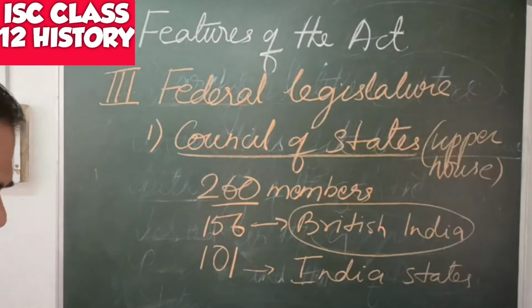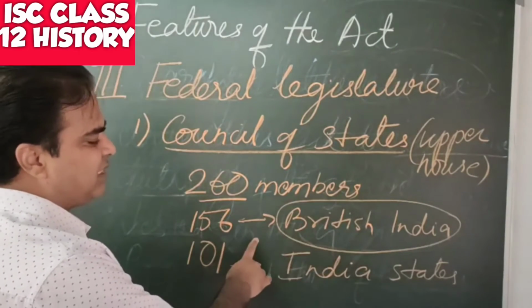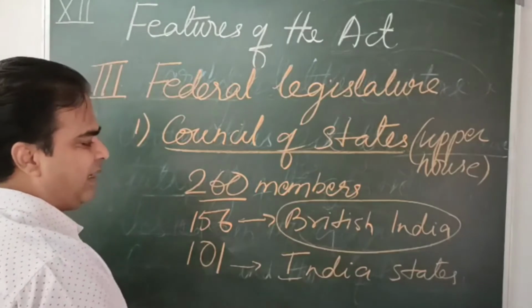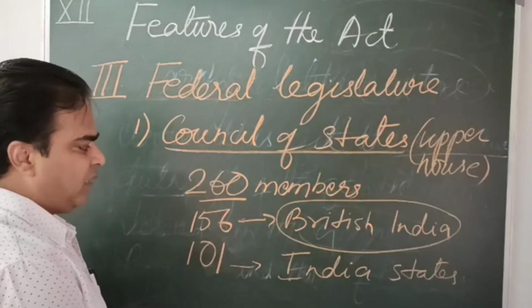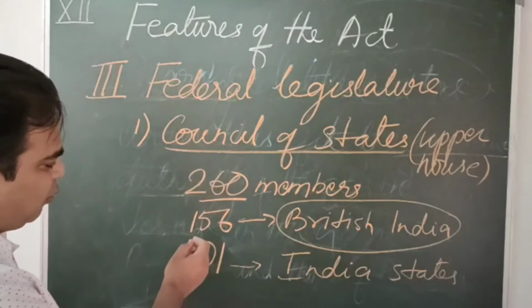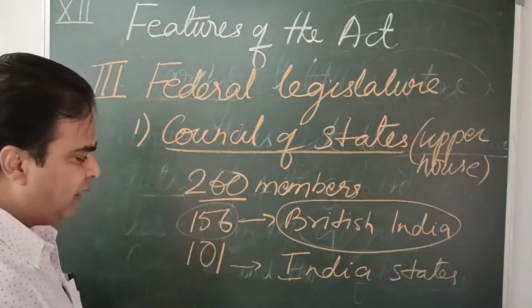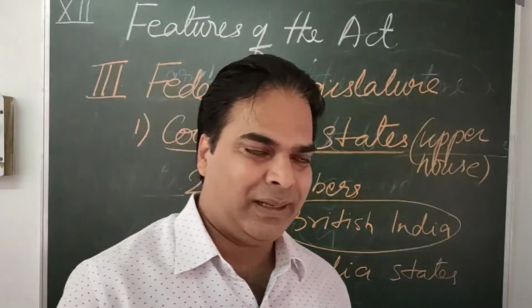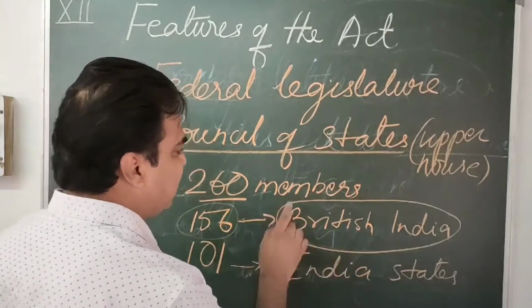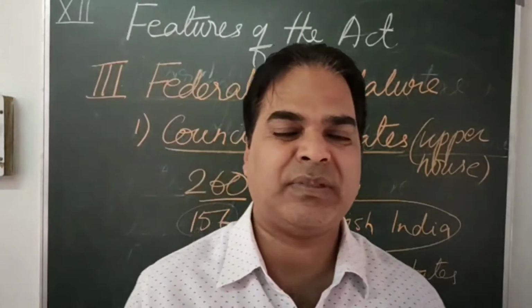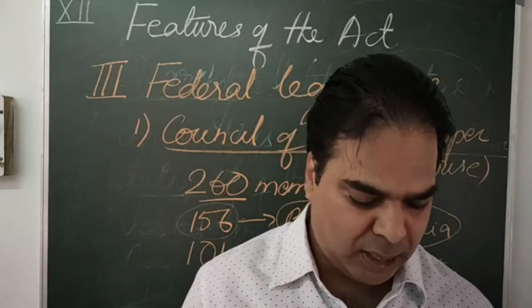So 156 were represented by British India and 101 by the Indian states. There can be 3 short, but it doesn't matter. Out of the 156 again, 150 representatives were from British India, and 6 were nominated by the governor.